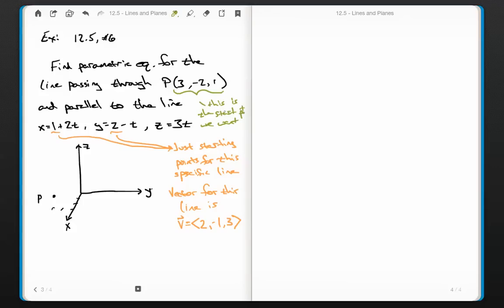All right, so I can write this parameterization, the solution, as: x equals, it's going to start at 3, and then every time t increases it's going to go up by 2, plus 2t.